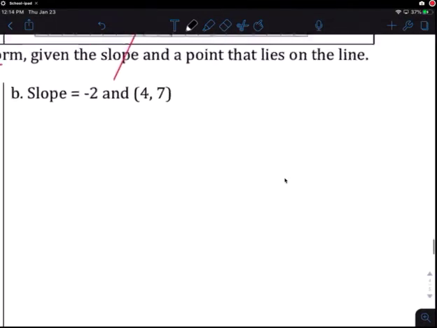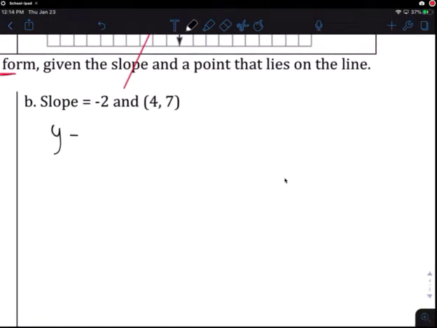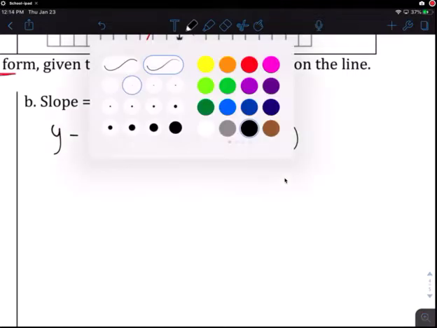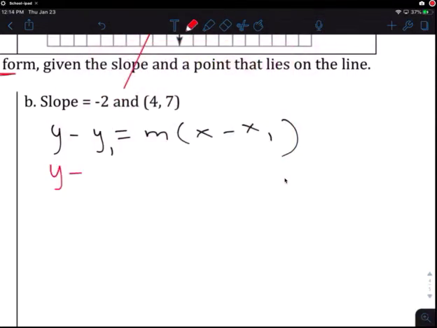Okay, same thing here. Point-slope is y minus y sub 1 equals m times parentheses x minus x sub 1. Okay, so y minus y sub 1, 7, equals m. M is slope. Slope is negative 2, times x minus x sub 1, 4.